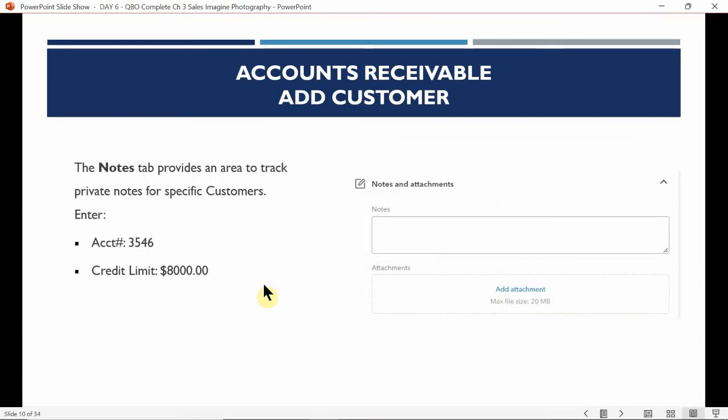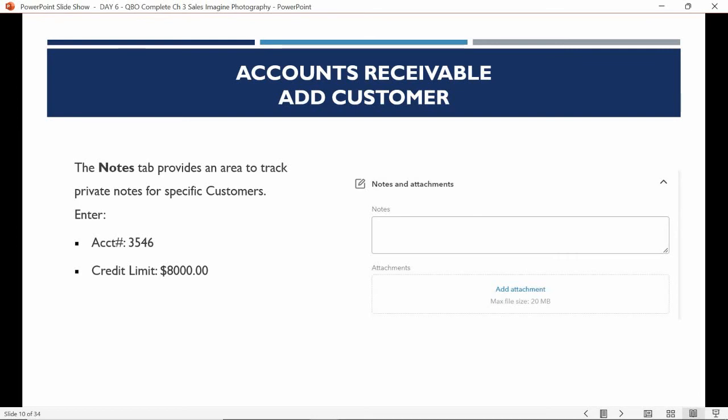Here you can add notes to this particular person's profile. Other things you can do is, if you assign specific individuals account numbers, you can put that in there. You could put in their credit limit.